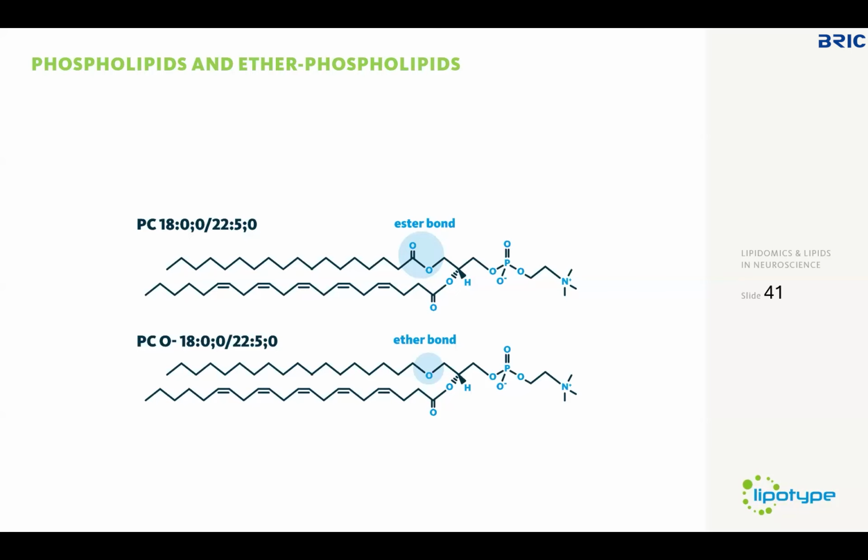And this was interesting. The reduction of ether lipids and polyunsaturated fatty acids in patients with MS indicated altered lipid signaling in multiple sclerosis.